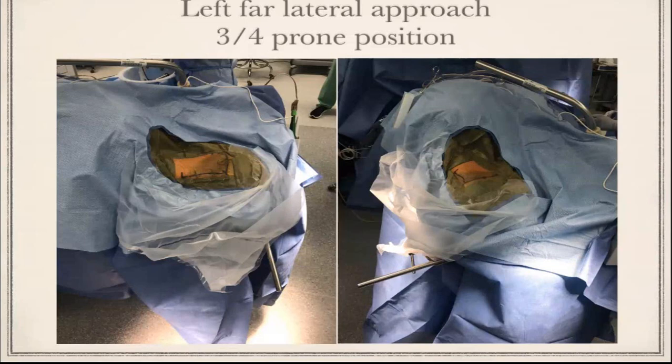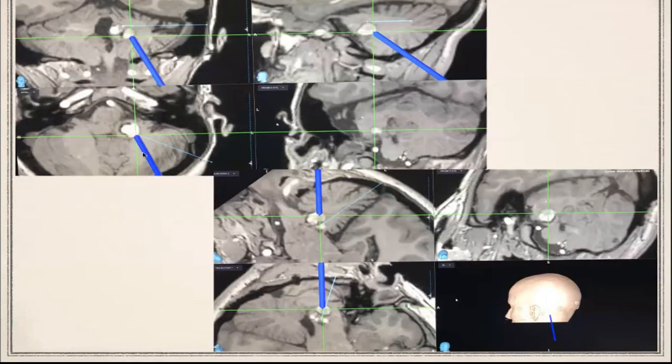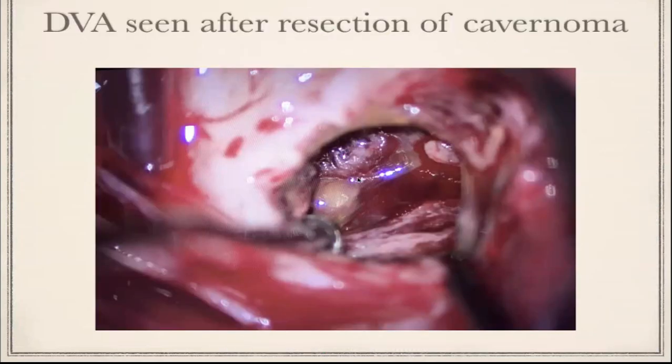I did not want to go back through the 4th ventricle, which is why I chose left far lateral approach. And look at the very nice view with the navigation at surgery, the very excellent angle as opposed to the telovelar in this case. This was now, of course, a better angle. That's a DVA at the end of the resection.